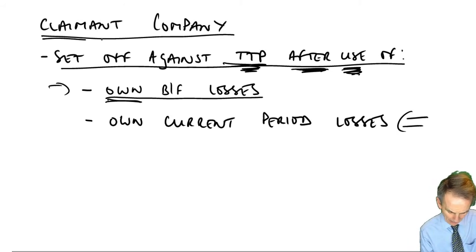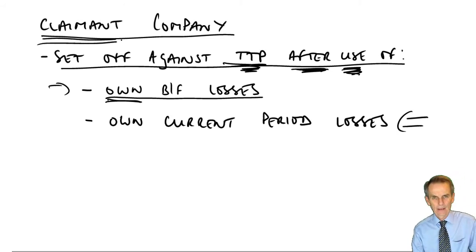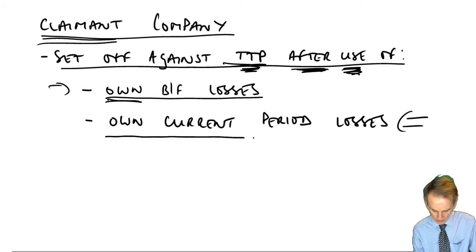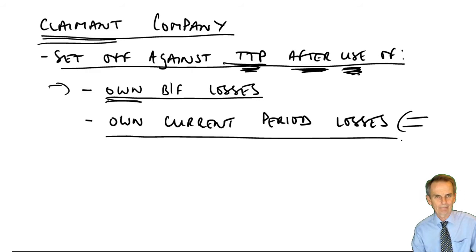We are talking about the claimant company, i.e. the profit-making company. And we are now saying that before we use any group relief claims this period against the claimant company's profits, we firstly use the company's own current period losses. Hang on a minute.